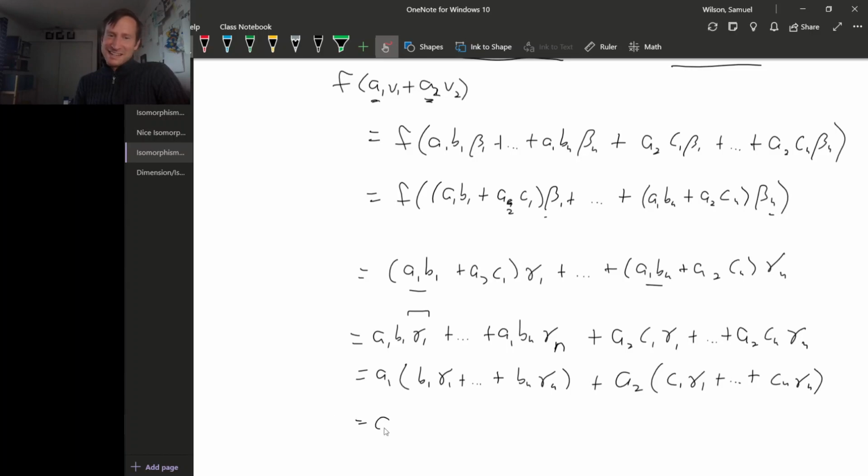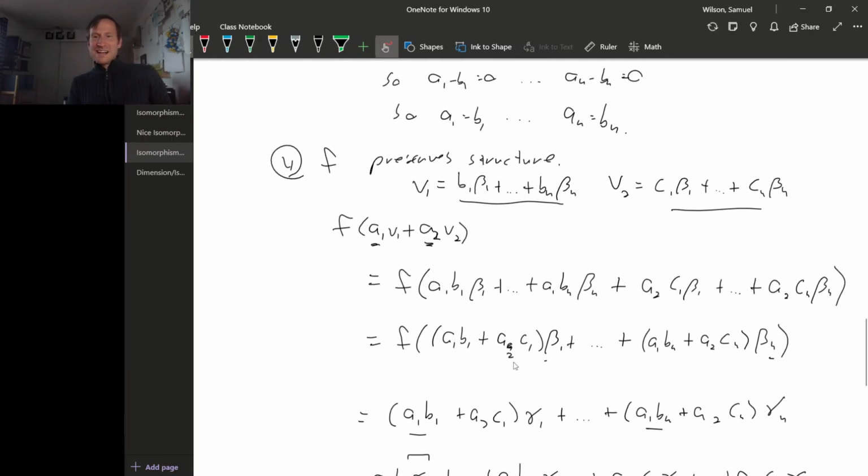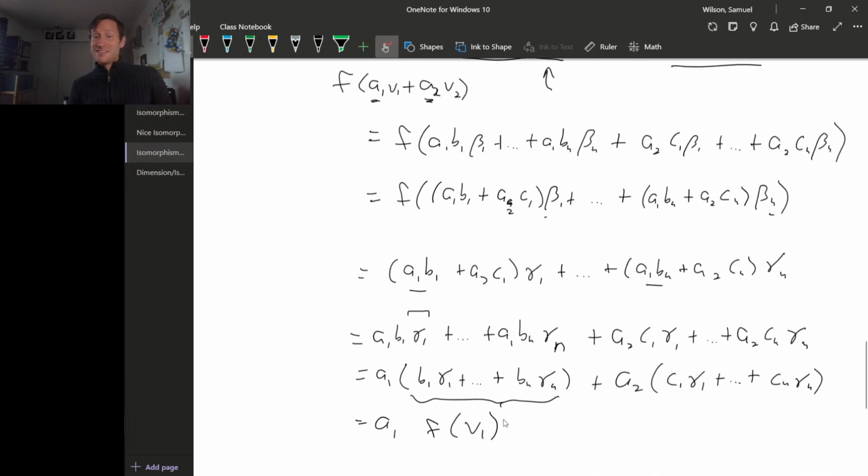Now look, this right here is exactly our formula for v1, except with all of the betas replaced by gammas, and that means that this is f of v1. And then same thing over here, a2 times this is exactly our formula for v2 with all the betas replaced by gammas, so this is f of v2. And we finally have that f preserves structure.